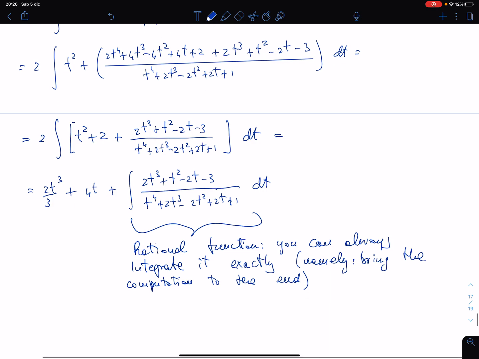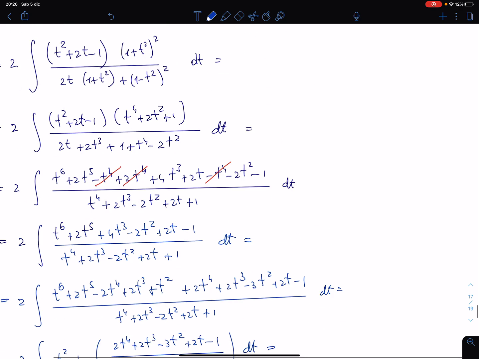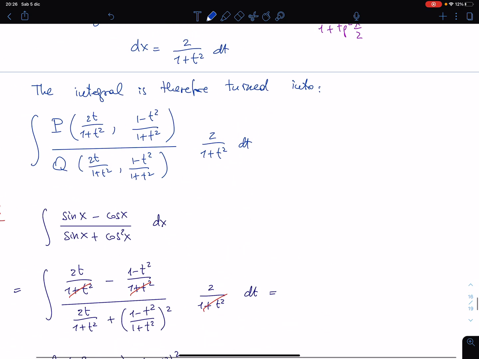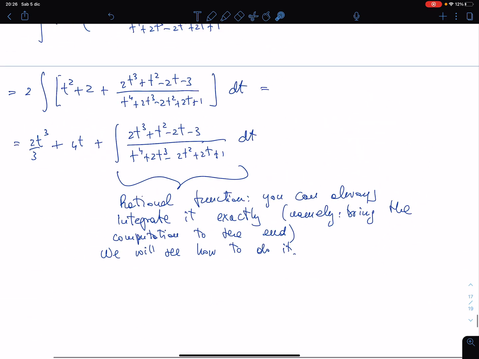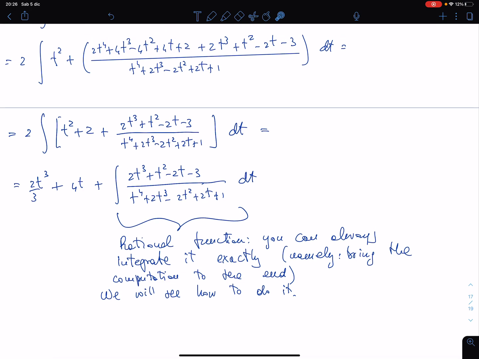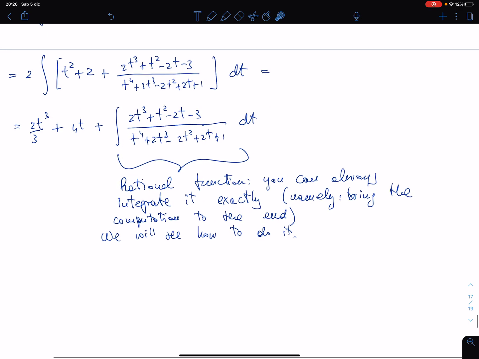We will see how to do it. The message is that a rational trigonometric function can always be integrated, but the integration can be lousy. Okay? And so let us go to another example.